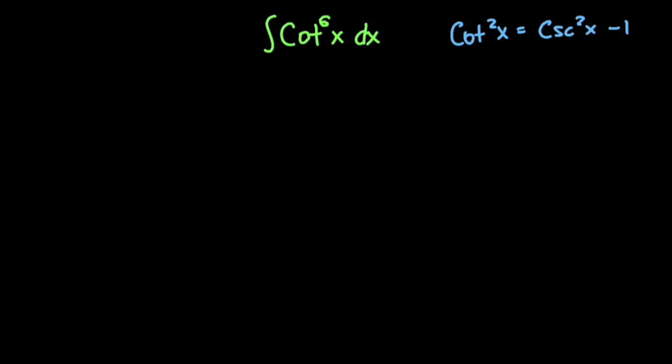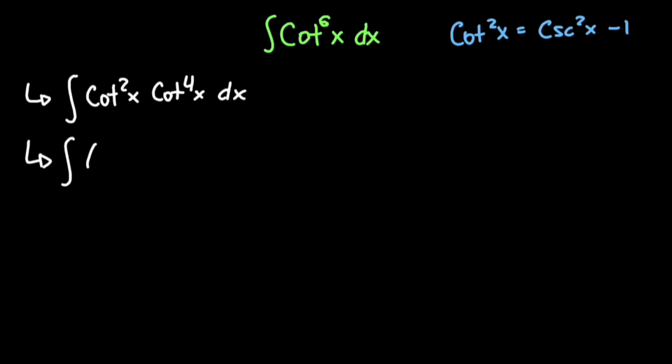Lastly, the integral of cotangent to the power 6x. So, factor out one cotangent squared, and transform it according to its identity.